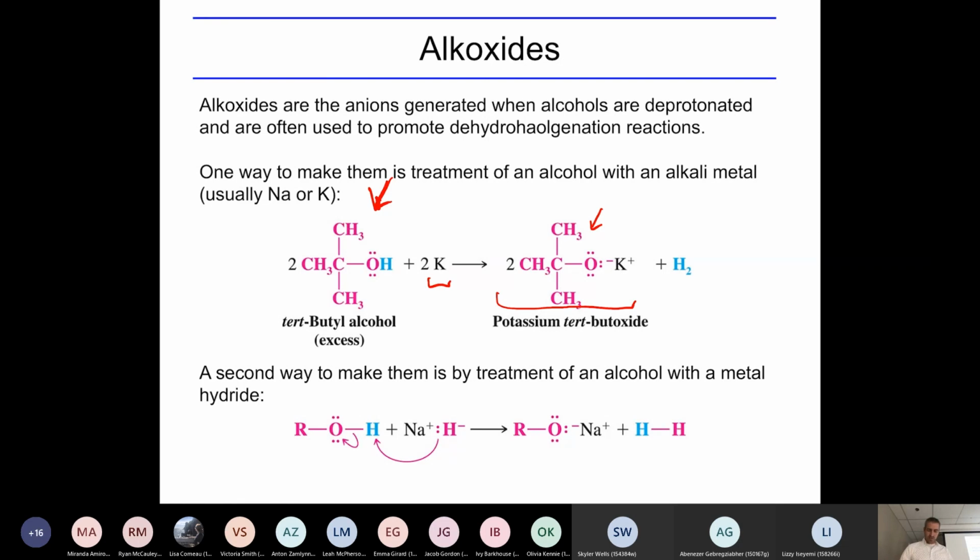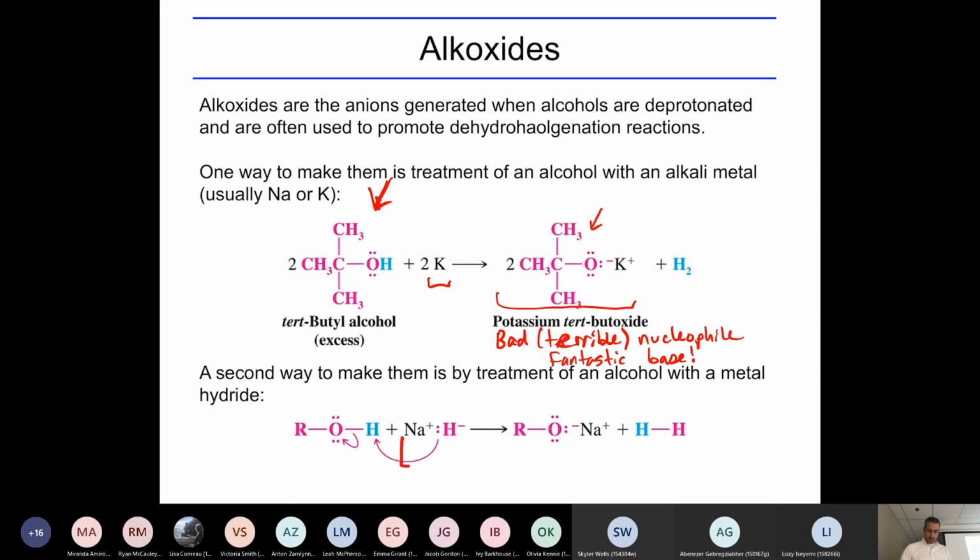So this particular alkoxide is a terrible nucleophile. But it's a fantastic base. So this nucleophile slash base is bad for SN1 or SN2, but it's great for these elimination reactions.